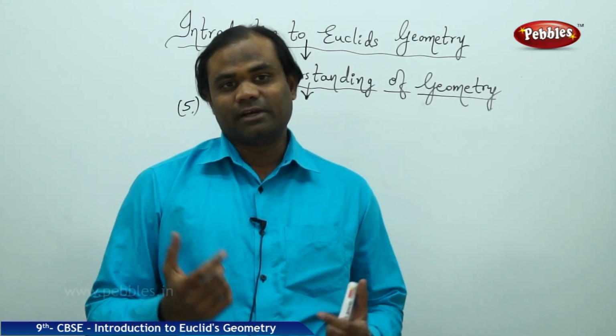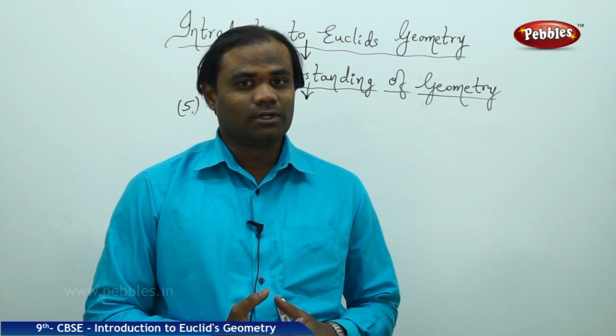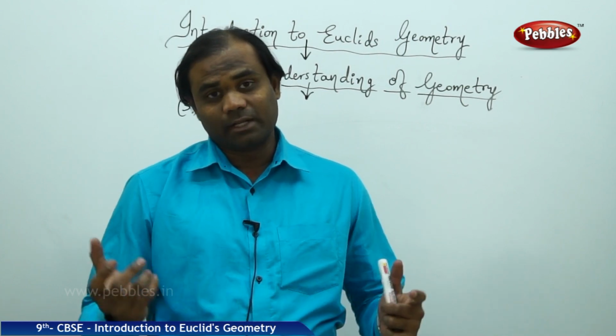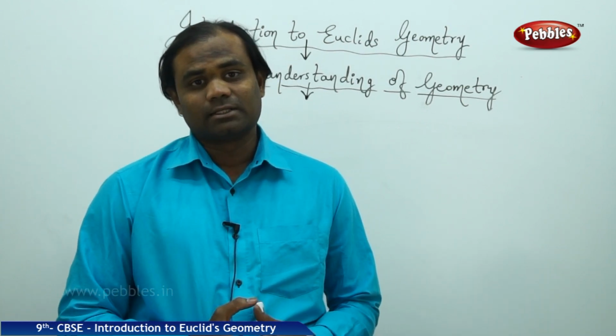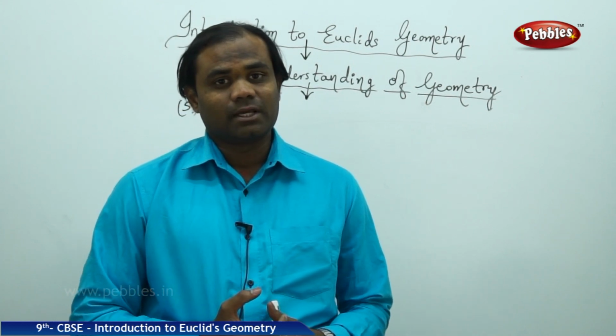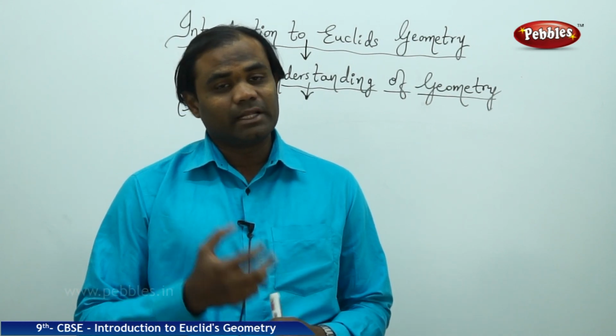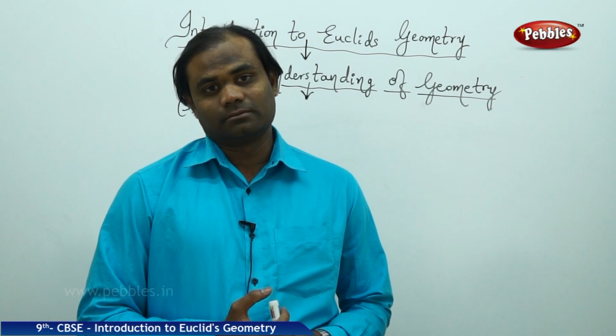Now, the fifth asserted principle of Euclid in his book of Elements is that a surface is the one which has length and breadth only.